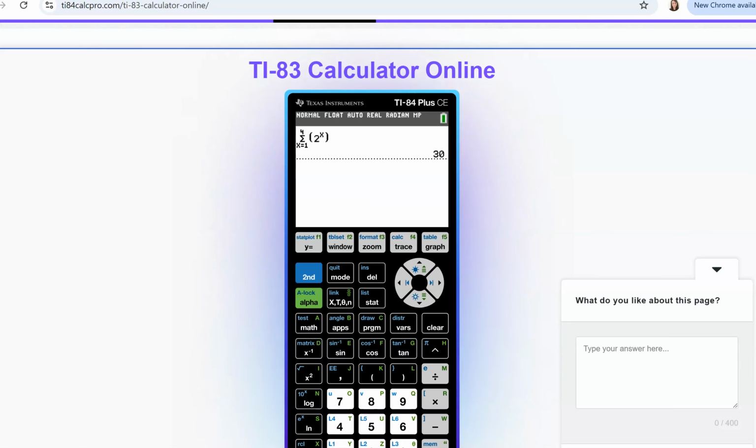That one's going to be 30. And then you can do second entry, and it pulls that back up.